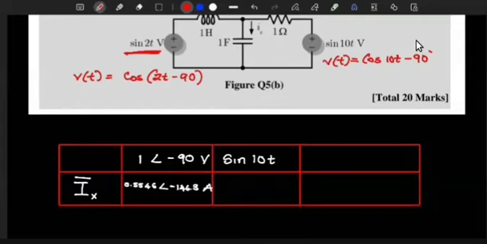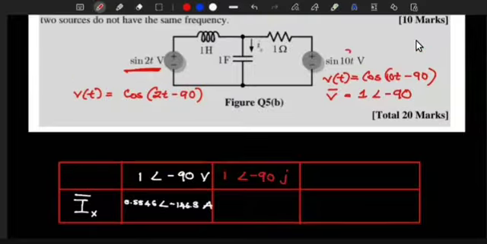And taking it to phasor, we know this will just end up becoming peak is 1, and then phase minus 90 as well. So in terms of representation, it reduces to the same expression. So even for this one, we'll write it as 1 phase minus 90.